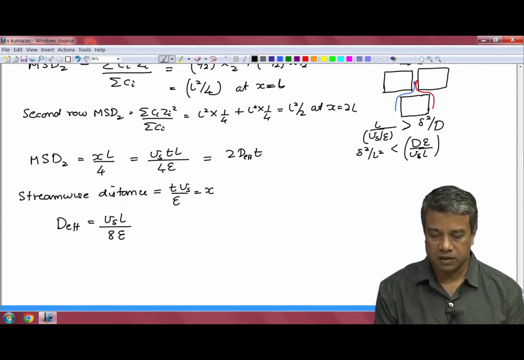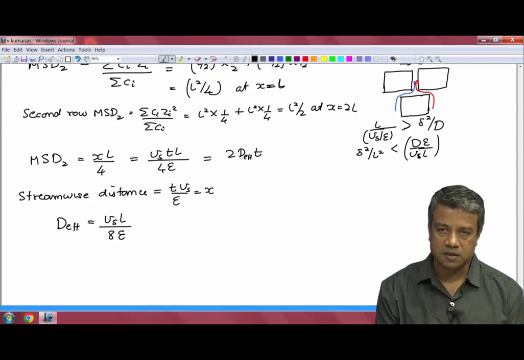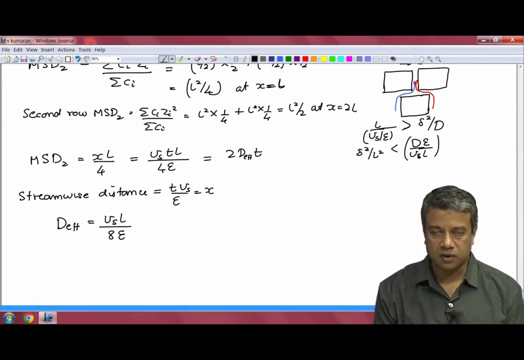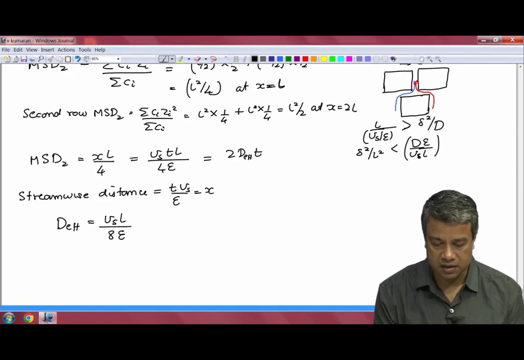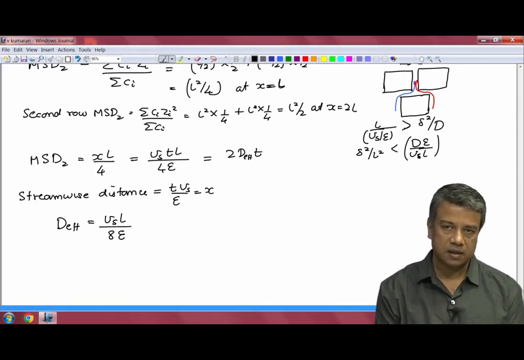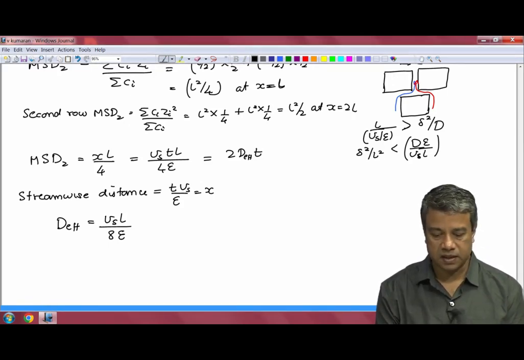Okay. So, this mechanism can significantly enhance mixing and dispersion, both dispersion of mass as well as dispersion of heat. In both cases, the dispersion coefficients will scale as Vs times L by epsilon, times some constant prefactor.